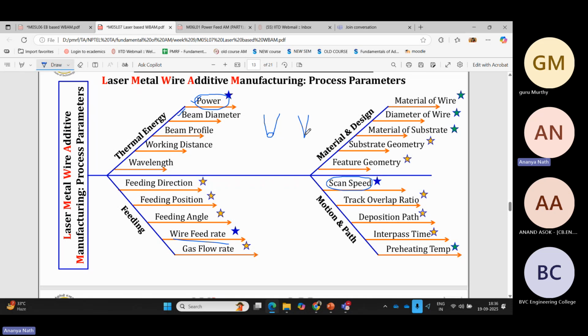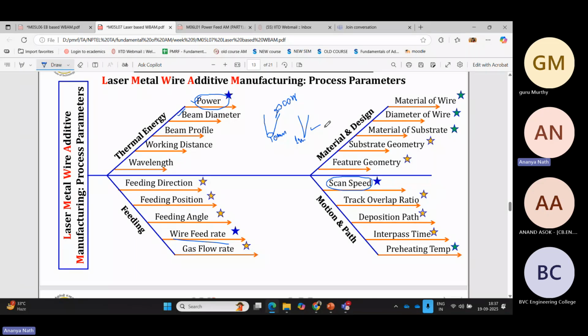For example, in both cases your laser power is 200 watt, but your spot diameter in one case is 10 mm, and in the other case it is just 1 mm. Obviously the power density will be much more in the second case, which is helpful to melt the metal. So that's why along with power, beam diameter is important.